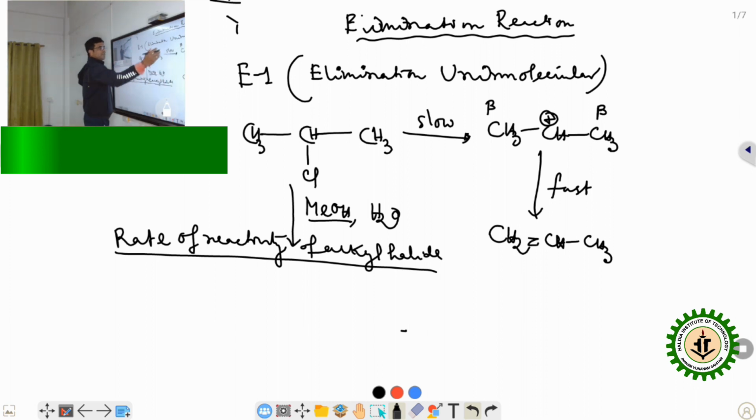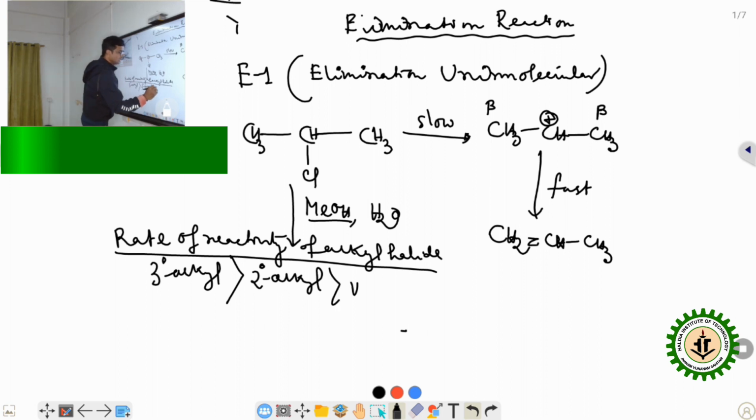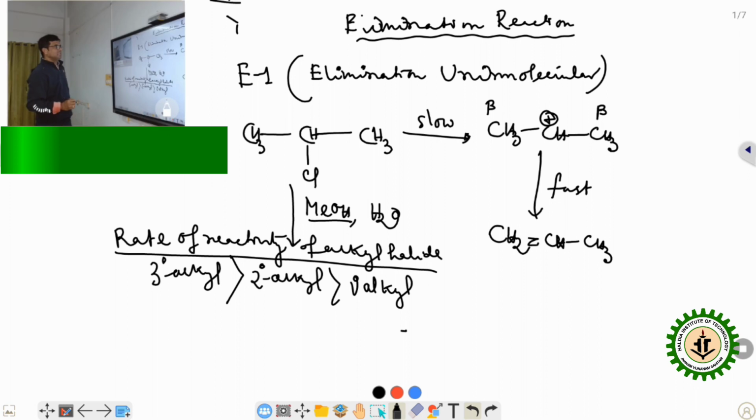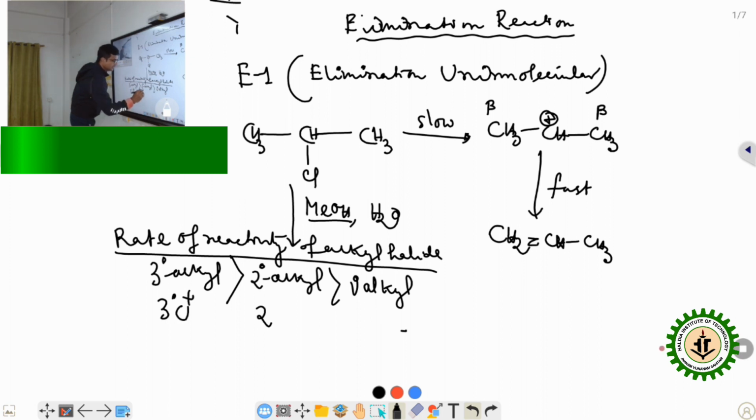Based on this fact, we can arrange the alkyl halides towards the E1 reaction: 3 degree alkyl halide is greater than 2 degree alkyl halide, greater than 1 degree alkyl halide, towards the rate of reaction of E1, elimination through unimolecular reaction. And this is basically based on stability of the carbocation. 3 degree carbocation from 3 degree alkyl halide, 2 degree carbocation from 2 degree alkyl halide, and 1 degree carbocation from 1 degree alkyl halide.